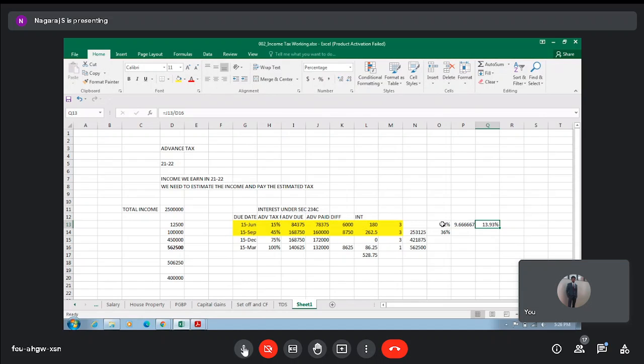Is it more than 12%? It's more than 12%, then you need not have to calculate this interest for the first one. Though there is a shortfall, provision says if you have paid 12% minimum, then you need not have to pay interest.